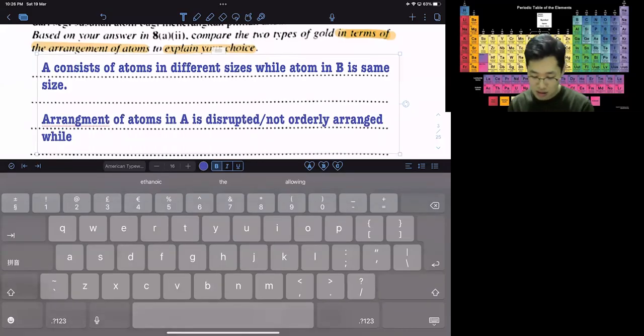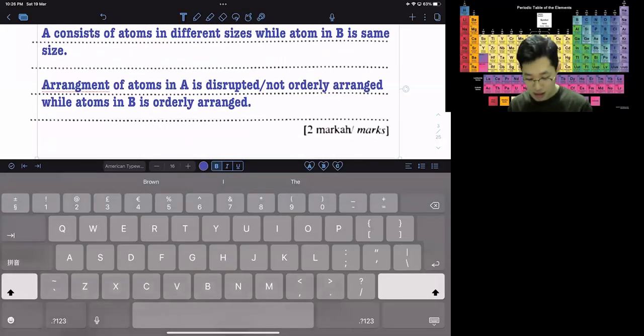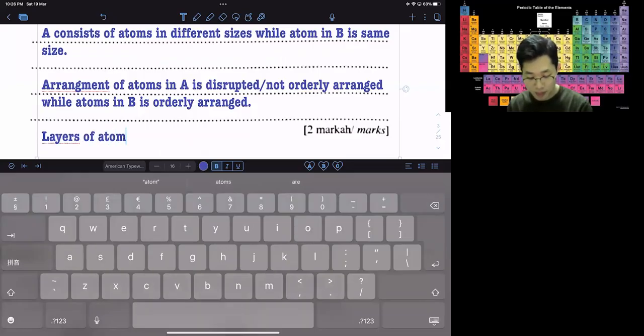While atoms in B are orderly arranged. So what happened? Layers of atoms in A are harder to slide over one another than B.